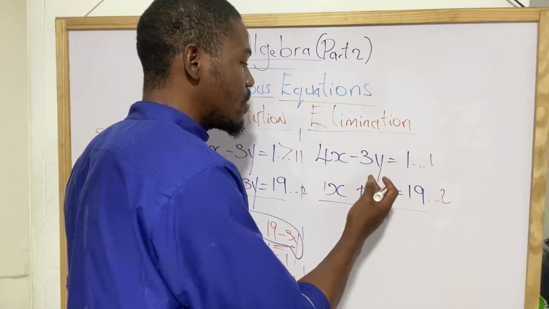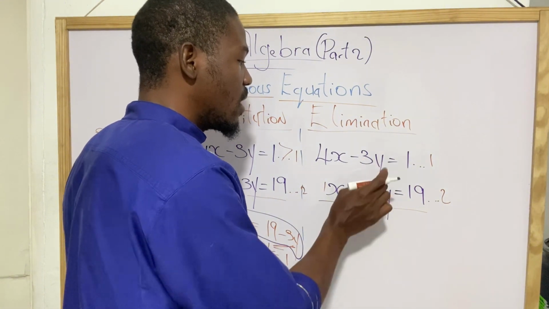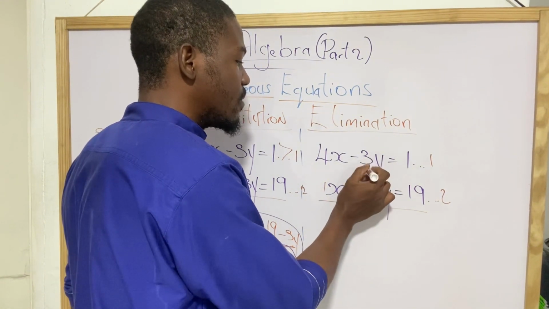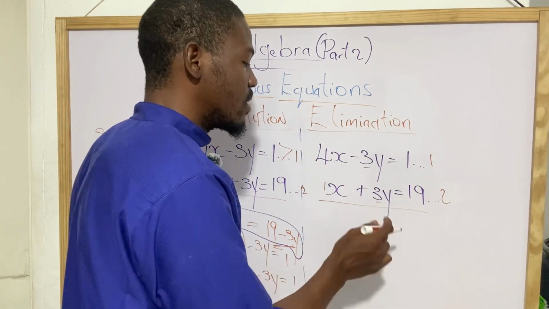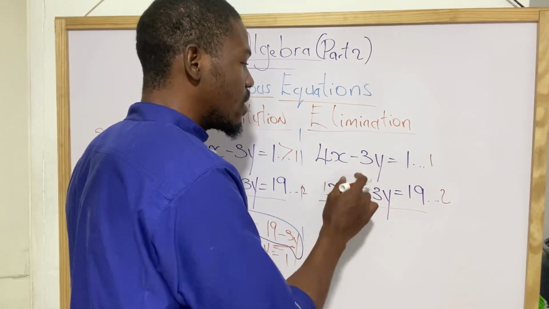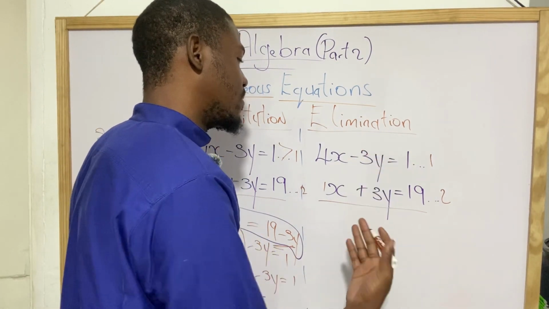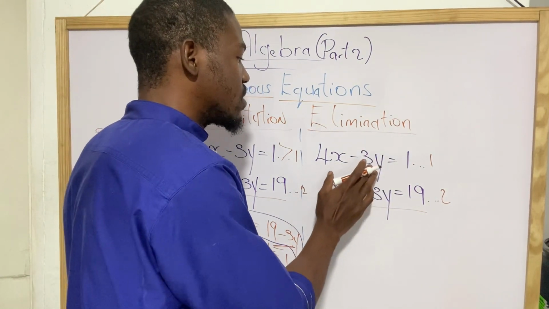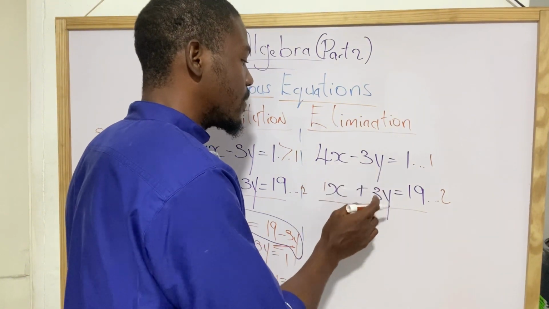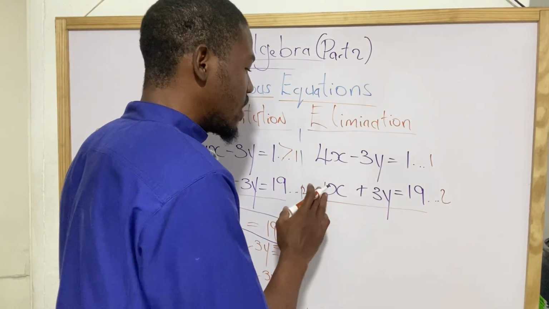So where we have negative 3y plus 3y, we see that we have the same number here and the same number here. So y has the same coefficient, which is 3. Right? Don't mind the signs being negative or positive. We're really focusing on the actual number here. So we could go ahead and eliminate.